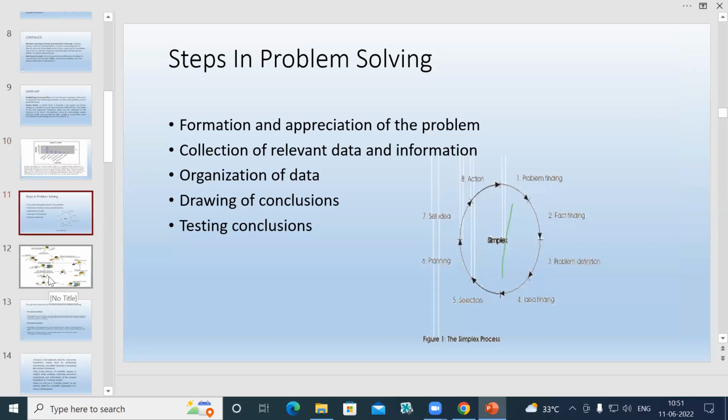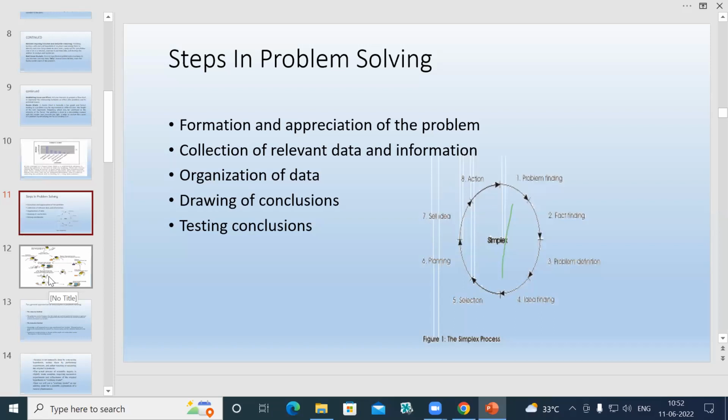So these are the following steps in problem solving. First is the formation and appreciation of the problem. This is the basic step, the process that is adopted in problem solving.